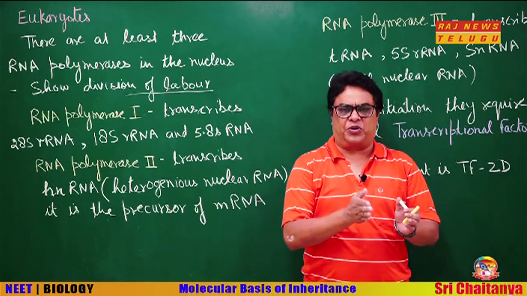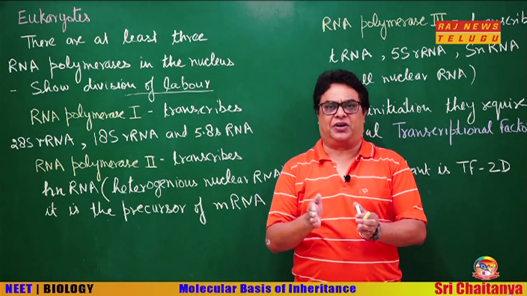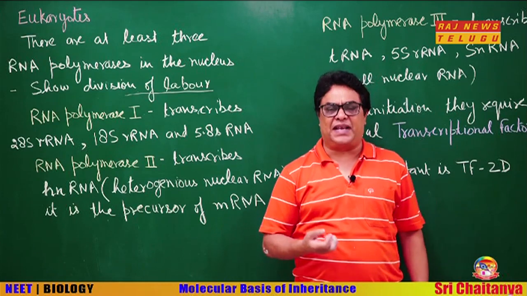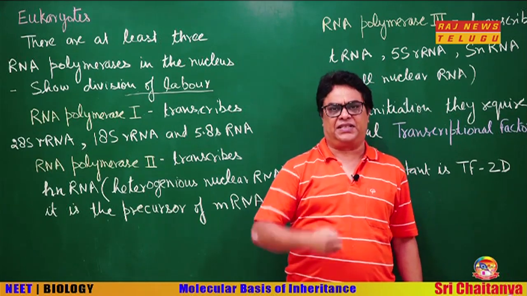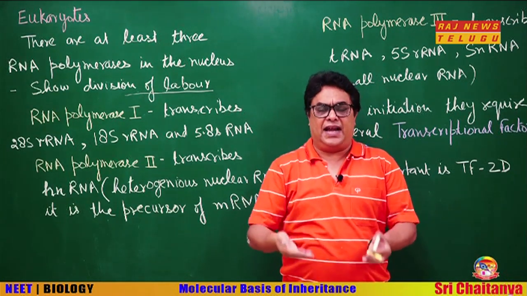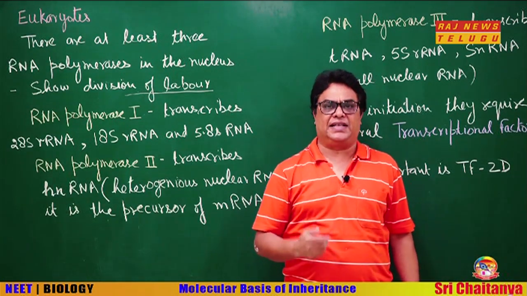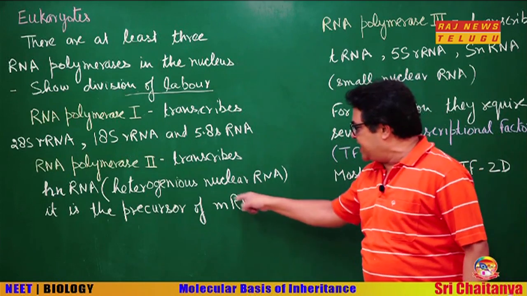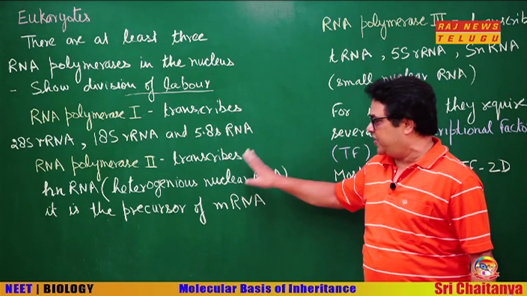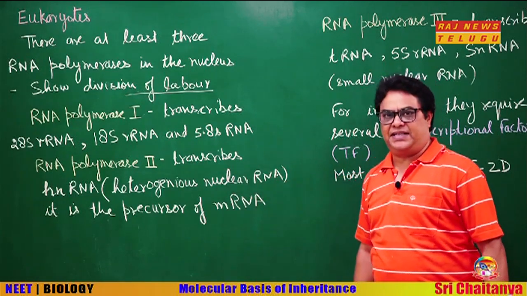It has certain portions called introns and others called exons. Now, there is a process called splicing. In the splicing process, the introns are removed and the exons are joined, and this final product is called the mRNA. It means hnRNA is the precursor of mRNA in case of eukaryotes. This is RNA polymerase second.